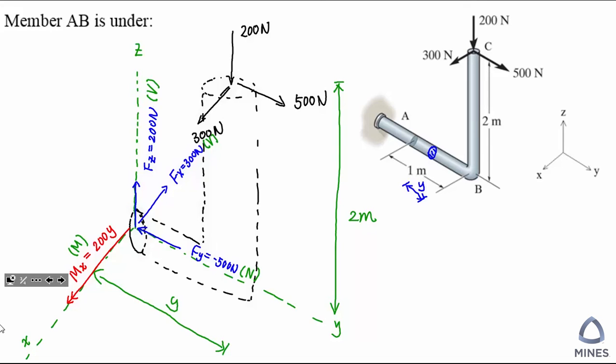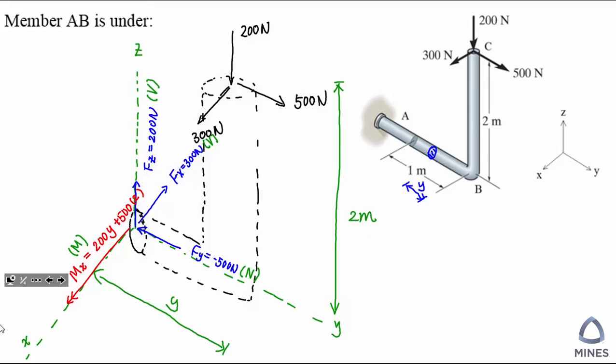Okay, so we finish one force, then we can move to the next force. So let's go to 500 right now. So we can see 500 crosses the 2 meter here. We do create moment in the negative x direction again. So which means we are going to get the moment created by the 500 times the 2 meter. Use one force, go through each member so that you're not going to miss any moment.